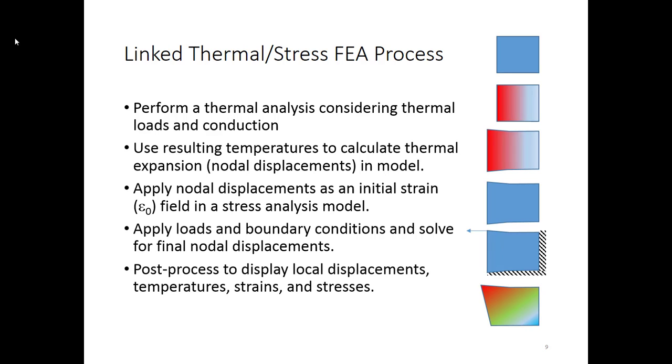At the end, you post-process to display the local displacements, temperatures, strains, and stresses, as well as temperature gradients if you want them. So you have the results of both a thermal and a stress analysis acting on the same geometry that you're reporting out at the end.